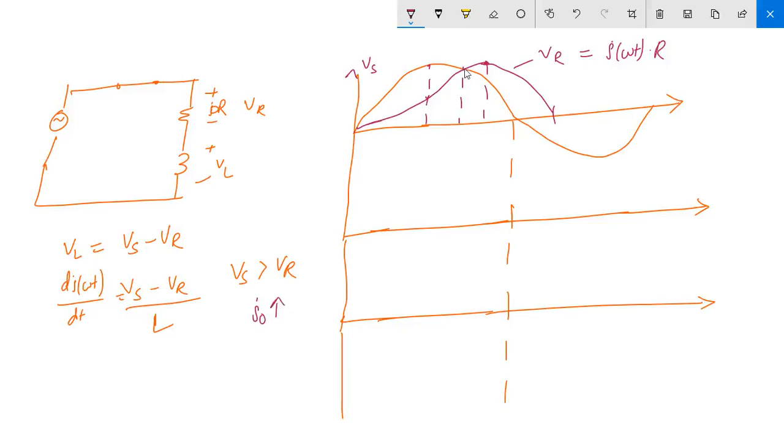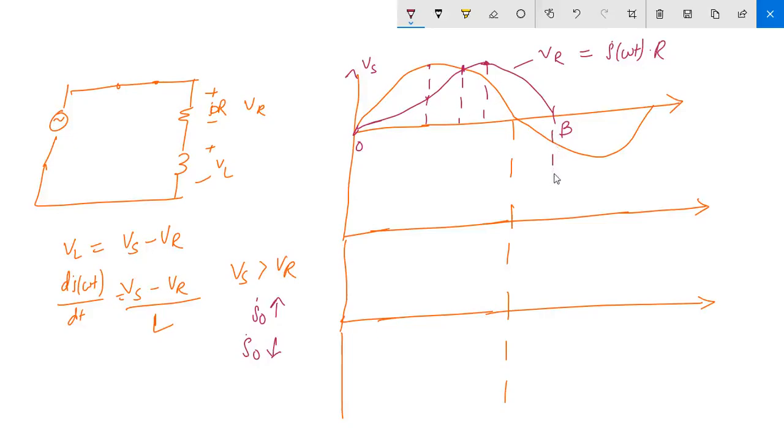But after this point, Vr is greater. So you can write after this point the rate of change of i0 decreases. Okay, so this is the nature: there is a shift in the waveform, therefore your conduction starts from 0 but ends at beta.